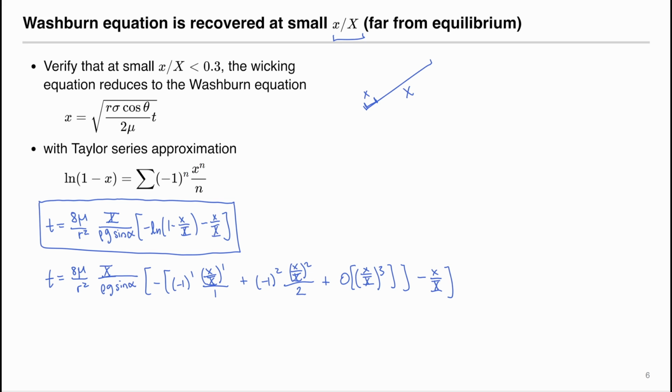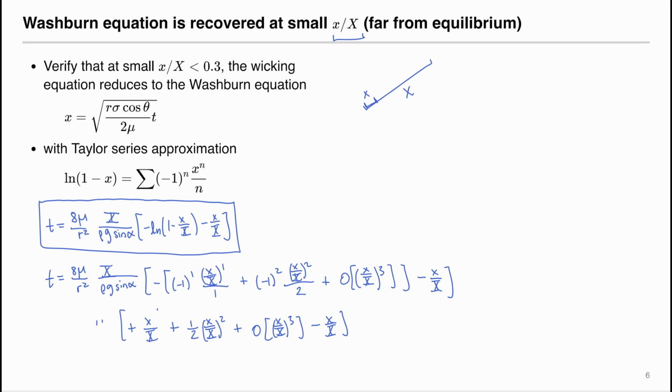Then outside the constant stays the same, but inside we have minus minus is a plus, and this whole term is just 1. We'll have x divided by X. And then minus 1 to the second is also a plus, 1/2 the ratio squared, plus everything to the third order, minus the ratio.